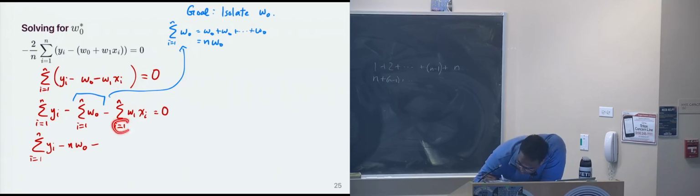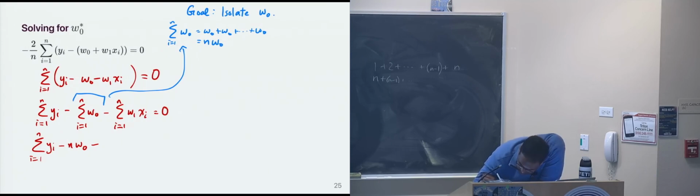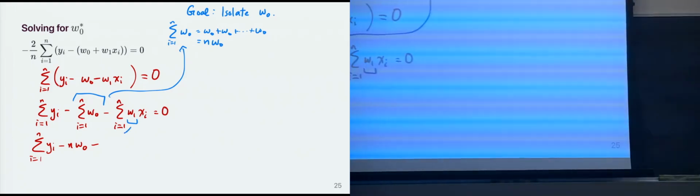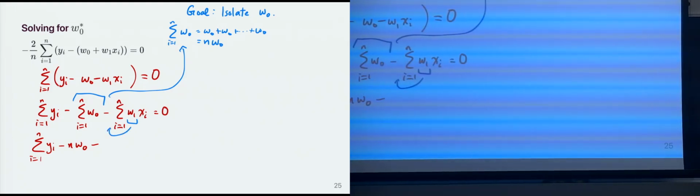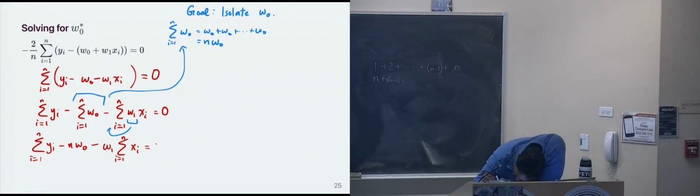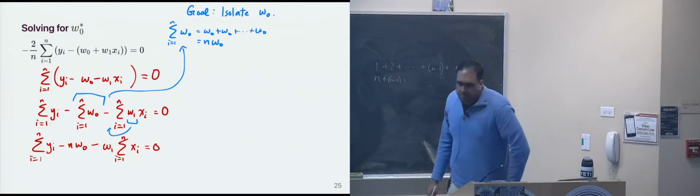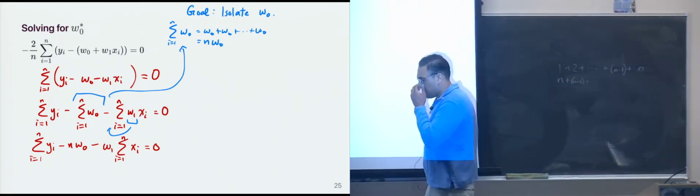It does not involve an i. And so I can pull it out of the sum. Right? This is W1 times the sum of xi's. Okay? And now I'm pretty close to isolating for W naught.